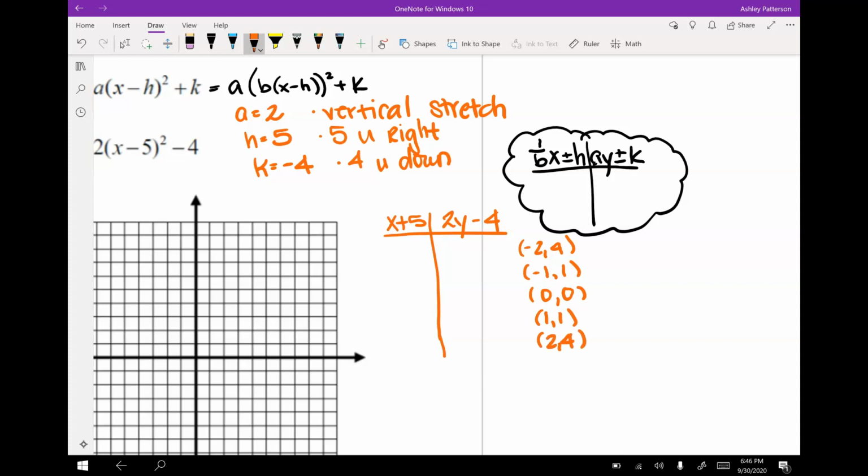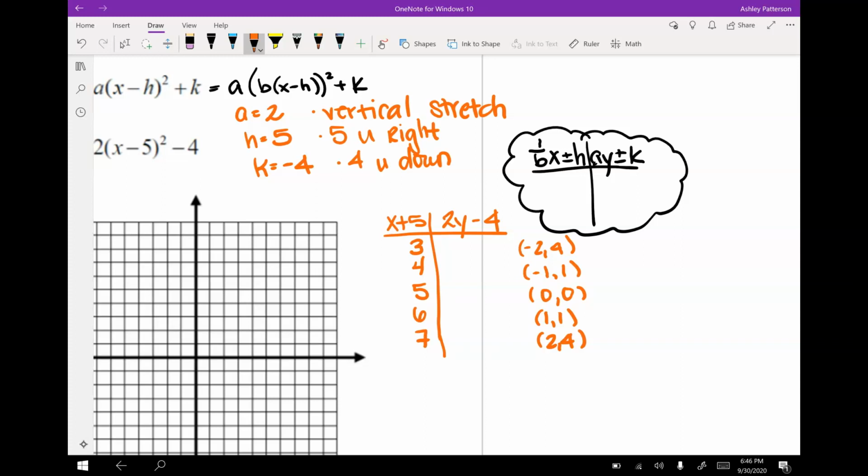So let's take our x values and substitute them in. The first one is -2, so -2 plus 5 gives us 3. And then we have -1 plus 5 gives us 4. If we take 0 and substitute it in for x, we get 5, and then 6 and 7.